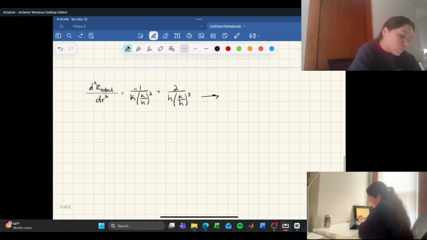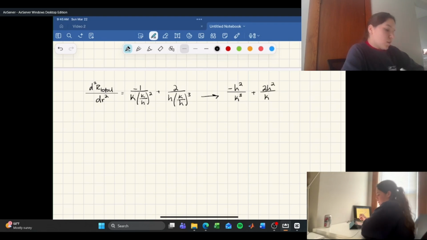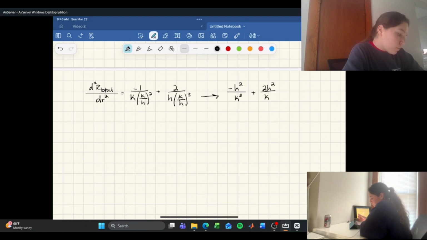We're going to end up with negative of the heat transfer coefficient squared over the thermal conductivity cubed. And then we're going to add this to 2 times the heat transfer coefficient squared over the thermal conductivity cubed. And we simplify this again, we're going to end up with a positive value.